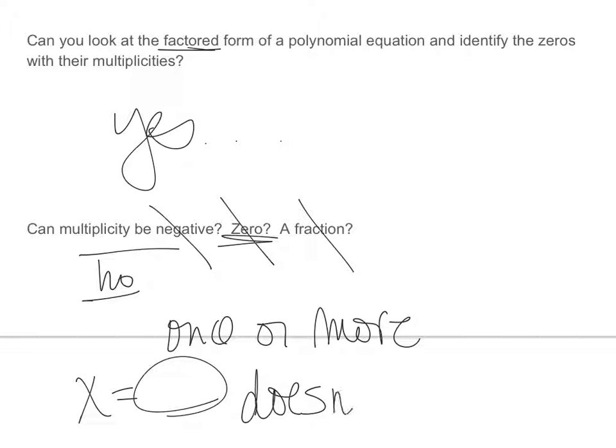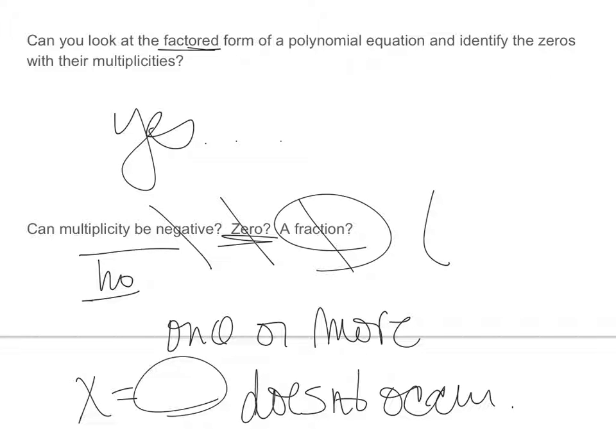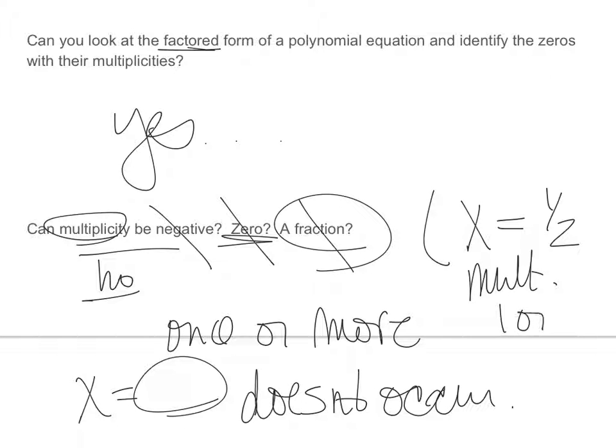So why list it? If it's a fraction, that means it happens a fraction of the time. No, that doesn't. Your multiplicities have to be full integer numbers, positive. Your answer, like x, can be equal to a fraction, but it has to have a multiplicity of 1 or greater.